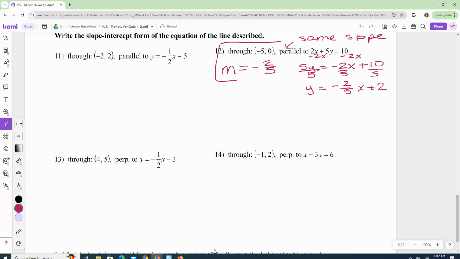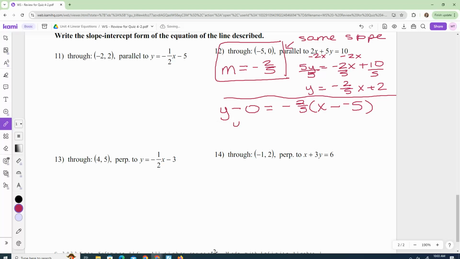So now I use my point and my slope and plug into the point slope formula. So y minus y1 equals m, -2/5, times x minus -5. Y minus 0 is just y.